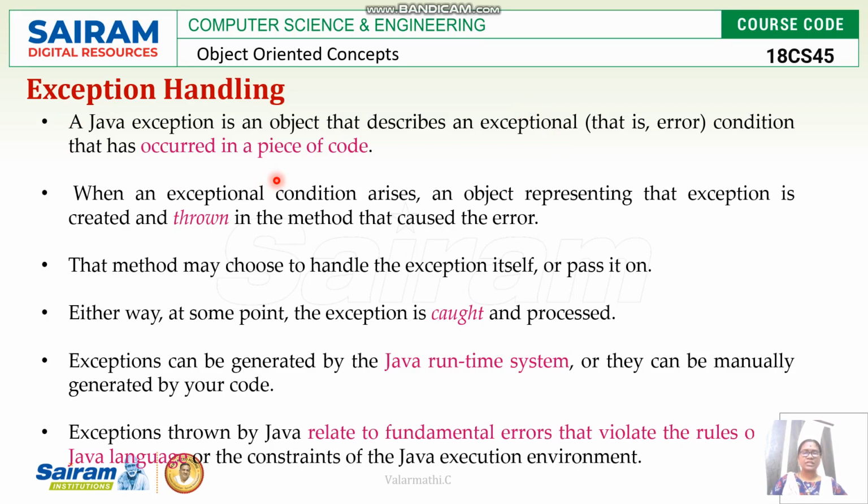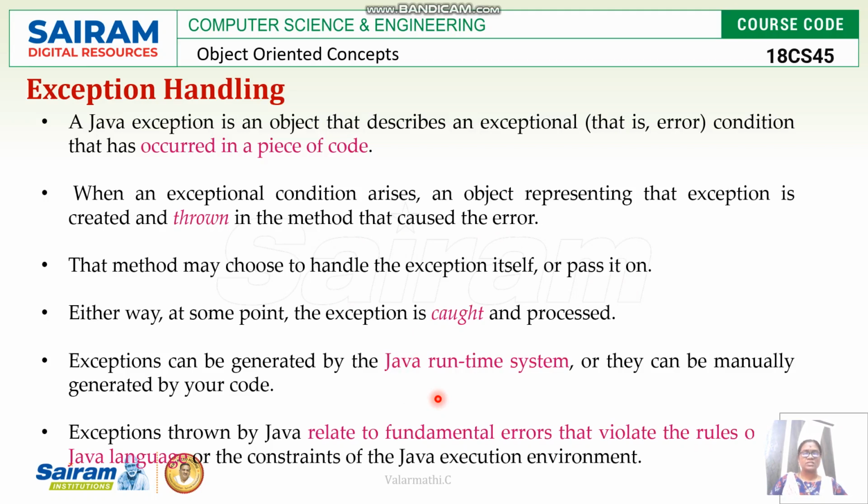When an exceptional condition arises, an object representing that exception is created and thrown in the method that caused the error. The method may choose to handle the exception itself or pass it on. This is called an exception, and the exception is caught and processed. These exceptions can be generated by the Java runtime system, and they can also be manually generated by the code.